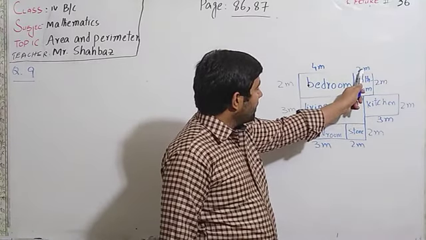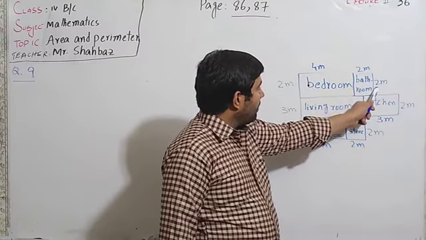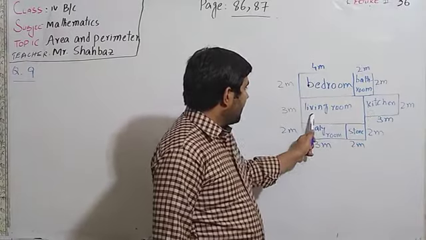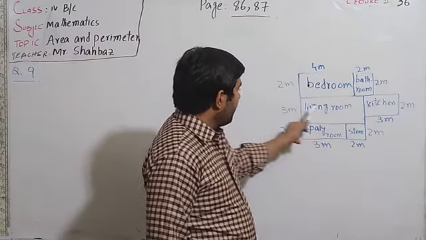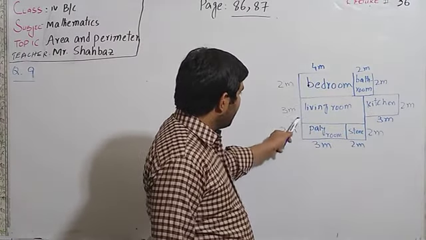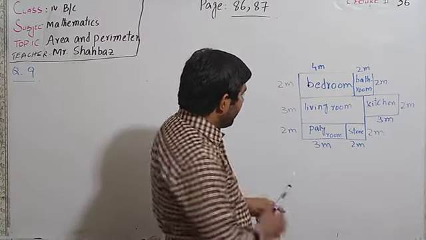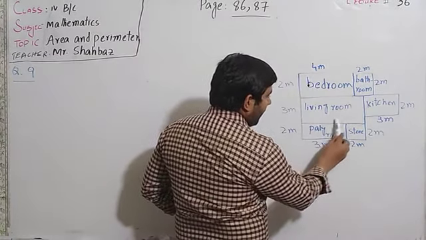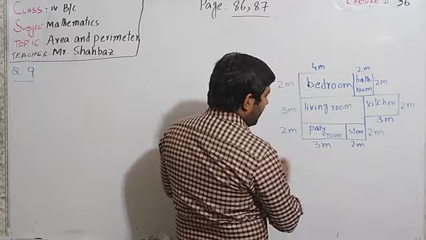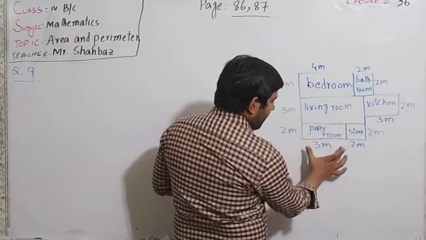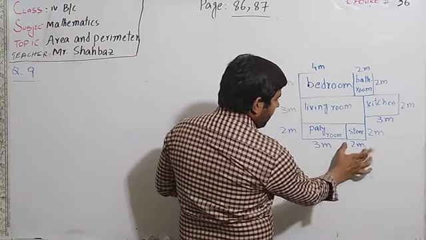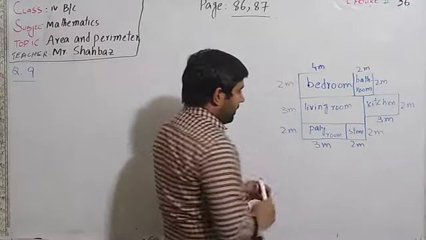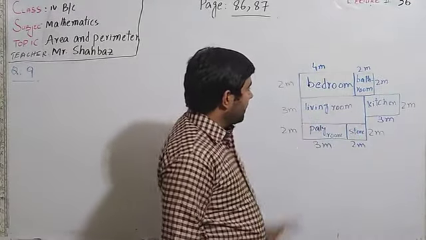Bathroom will be 2 meter long and 2 meter wide. And this living room, the breadth is 3 meter, and the length is not given. This is 3 and this is 2, so it will be 5 meter length.